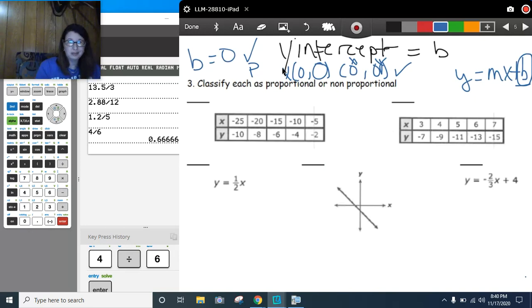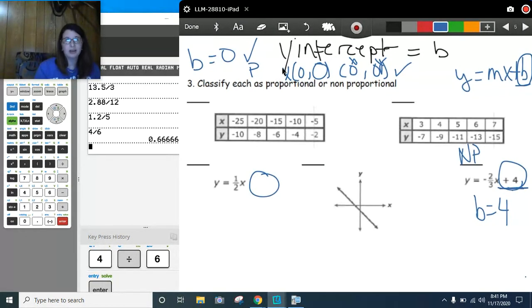So I'm going to come back to the tables in a second, and I am going to look at my equations. If b is equal to 0, well, right here I see that b is equal to 4. That means that one is not proportional, because there's something after this x.